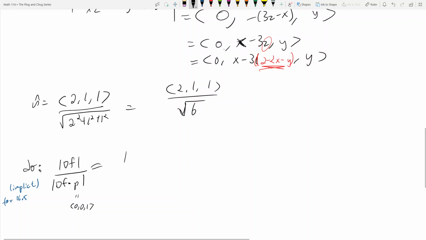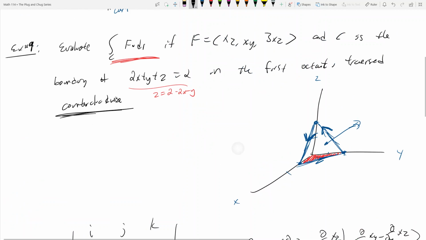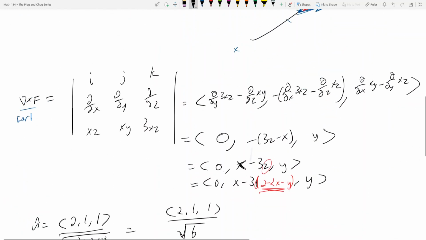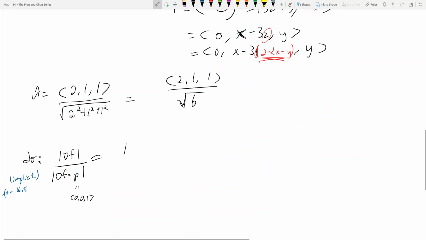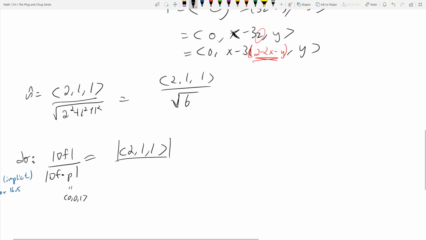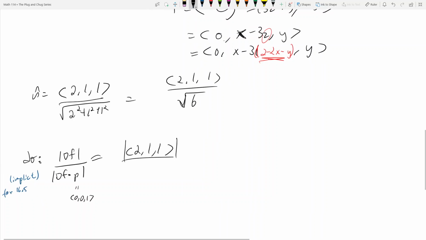So then what we want to do now is take the gradient of 2x plus y plus z, because that's my region, and that's going to be f. We actually kind of did that already. It's 2, 1, 1. Now we take the magnitude of that, and we want to take the gradient of f dot p.